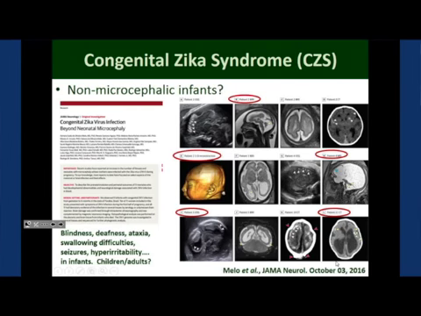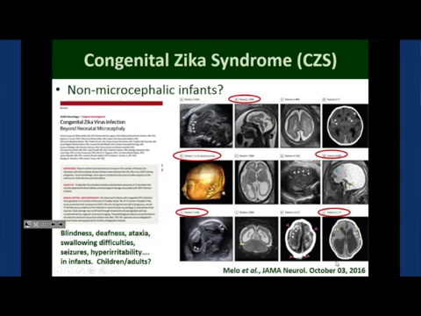At the time, prior to this publication coming out, what we were advising physicians to do was to monitor infected women by ultrasound and look at the head circumference of the developing fetus. If it was within normal limits, the advice that was given to these pregnant women was, your baby is okay. And then when these studies came out, looking at the imaging, these babies are clearly not okay.